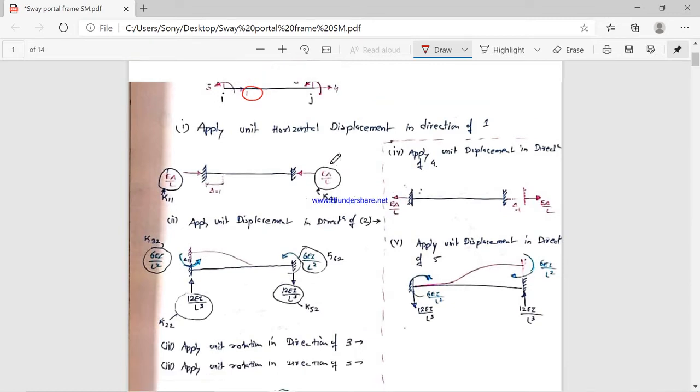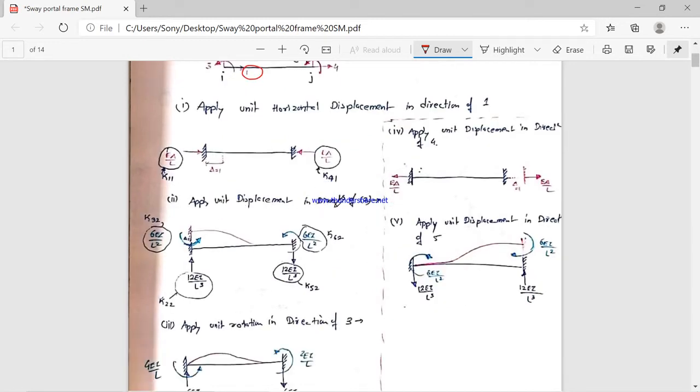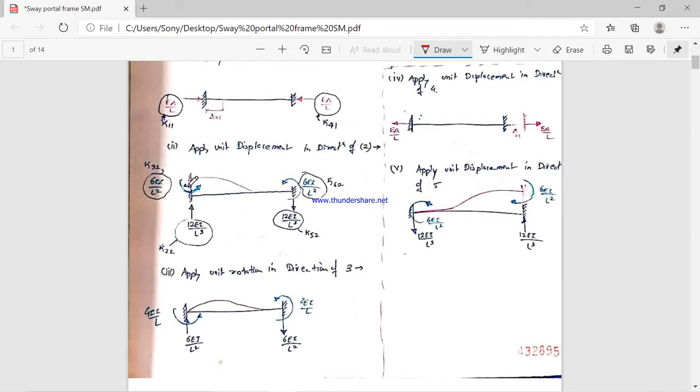Okay, then second, apply the unit displacement in the direction of 2, that is a vertical displacement. So when we apply the unit displacement in the direction of 2, in that case an anti-clockwise movement will be formed. Along with that, 6 EI by L square at node 3 will be formed.